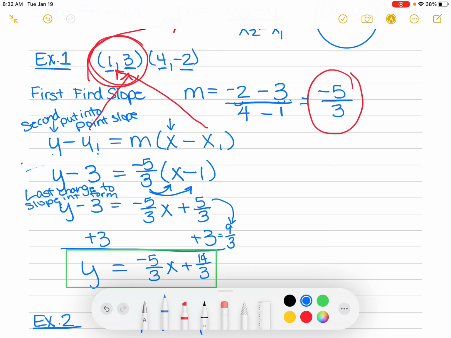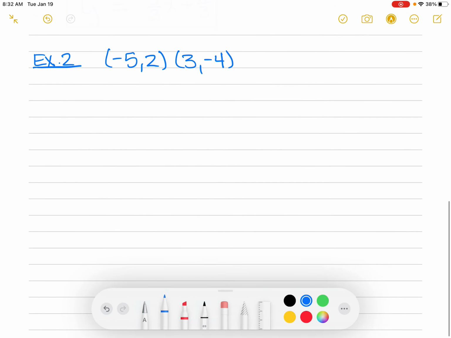Okay, so those are the 3 things you're going to do. You're going to find the slope, put into point slope form, and then change it into slope intercept form. Go ahead and hit pause and do that now.